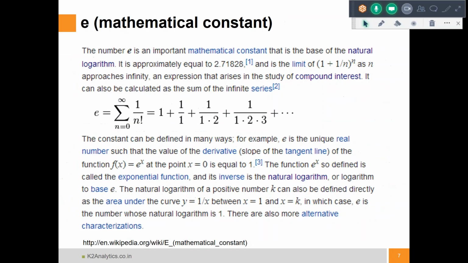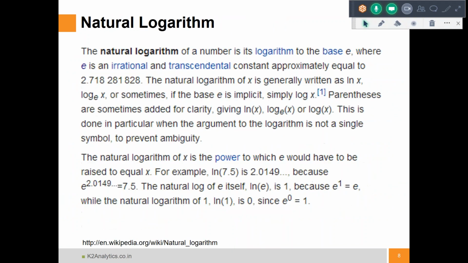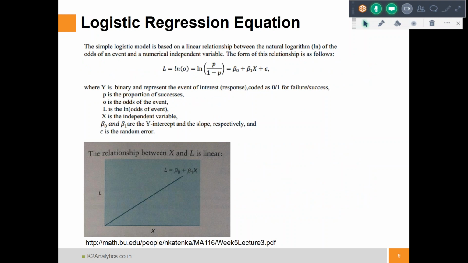So simply put, logistic regression is a transformed linear regression. When we build a linear regression, there is no upper bound and there is no lower bound. Linear regression is bounded from minus infinity to infinity. Okay.